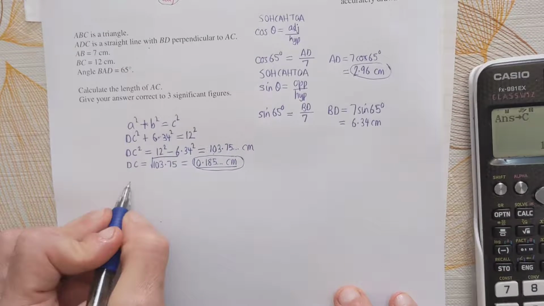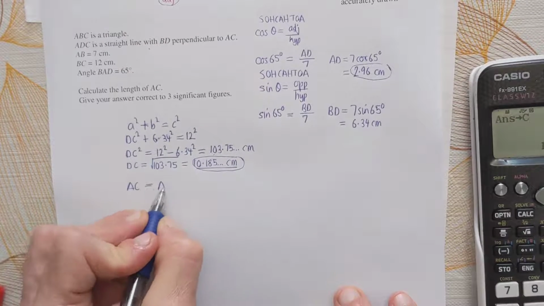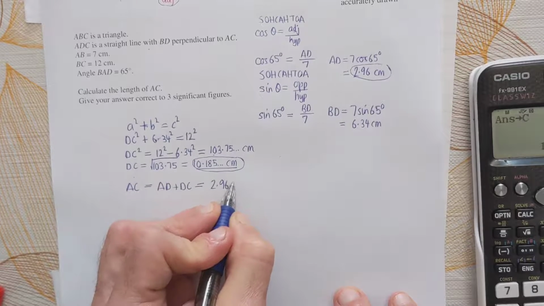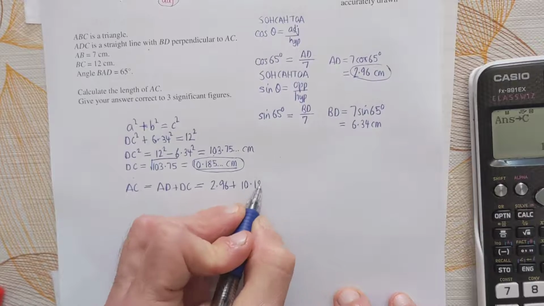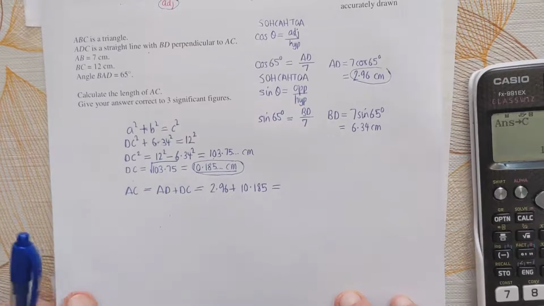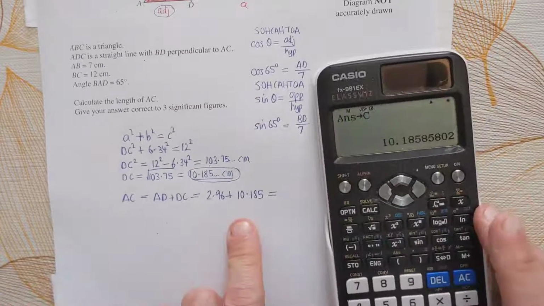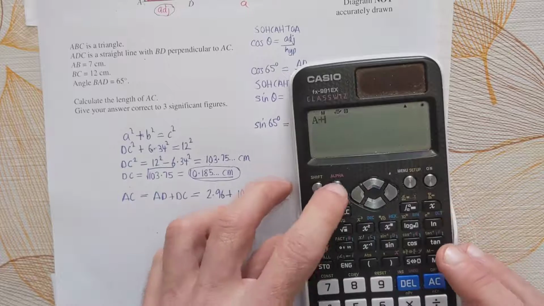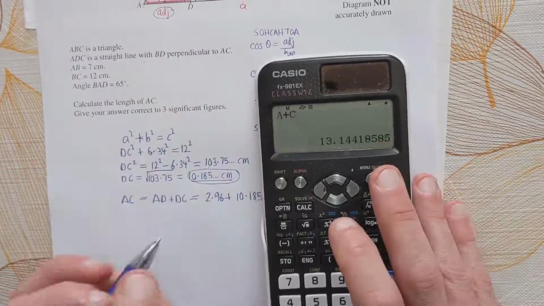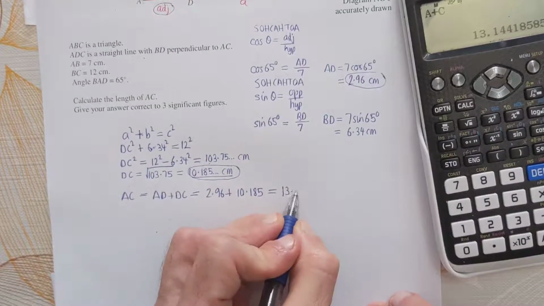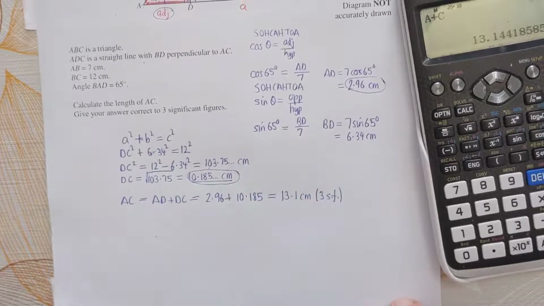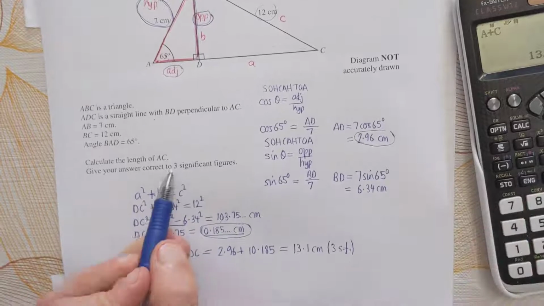And so AC equals AD plus DC, which is 2.96 plus 10.185, giving us, and I put these in memory slots A and C. So I put A plus C. There we go. 13.144. 13.1 centimeters, and that's the answer to 3 significant figures as given in the question here.